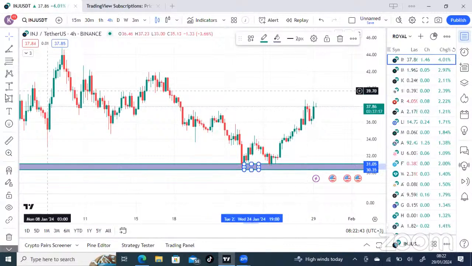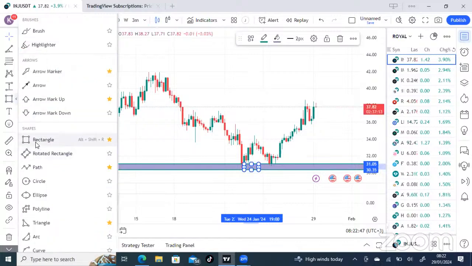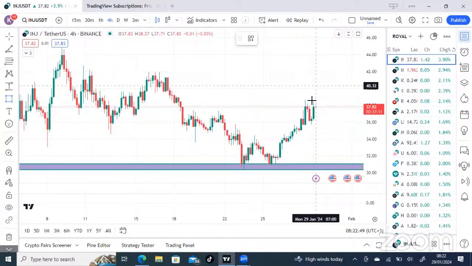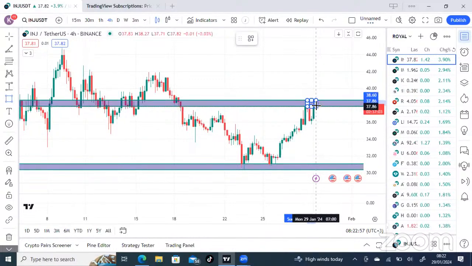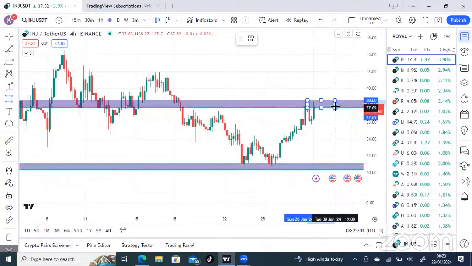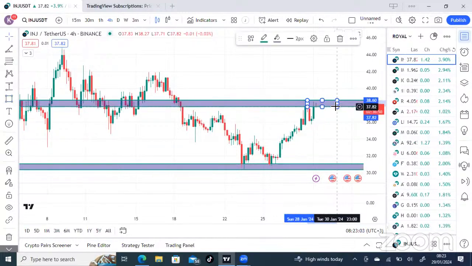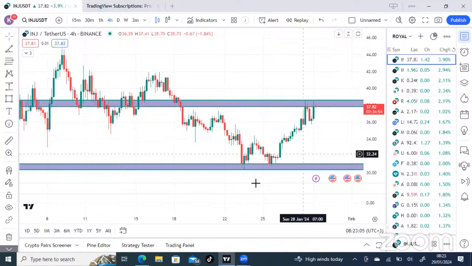Although we could say this is the current price, we look above the current price. But we do not want to over risk it, so we shall also look at this small area here. Remember, ladies and gentlemen, this is our support, this is our resistance.